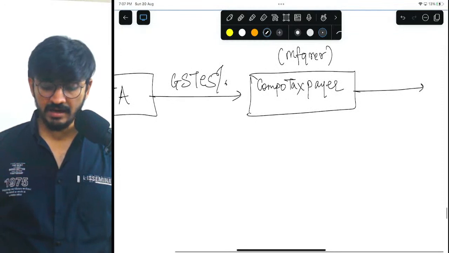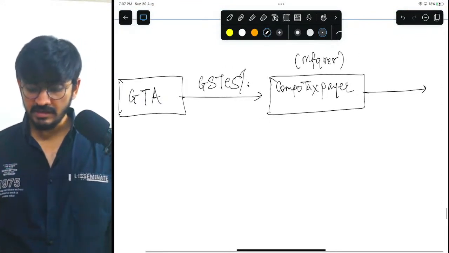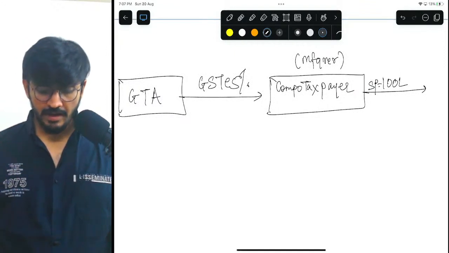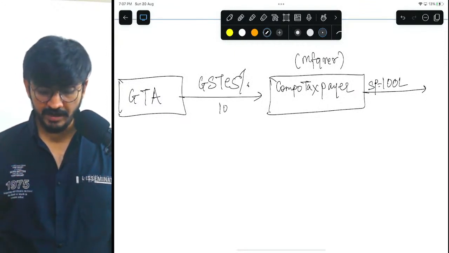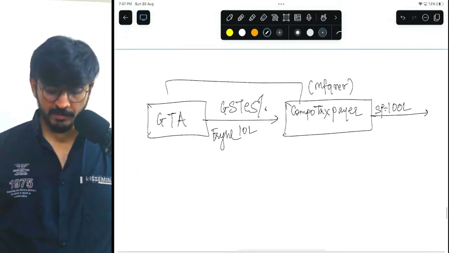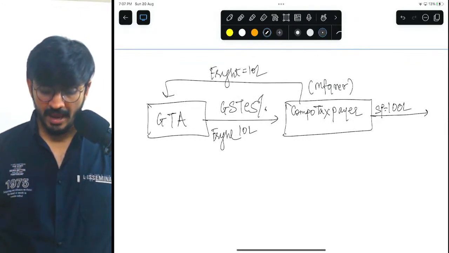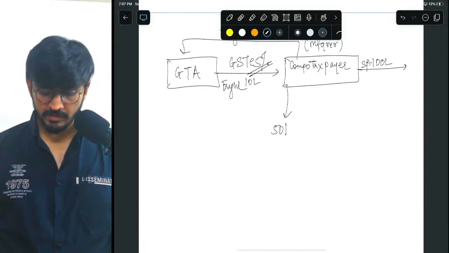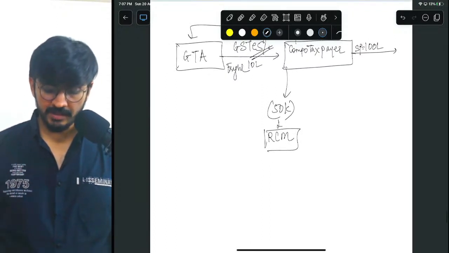So what is the manufacturer doing? Tell me. The manufacturer is selling 100 lakhs of goods and there is 10 lakhs worth of freight that he has paid. So now the compo taxpayer will pay 10 lakhs worth of freight to GTA, and on that 5% GST, that is 50,000, he will pay as per RCM to the government.